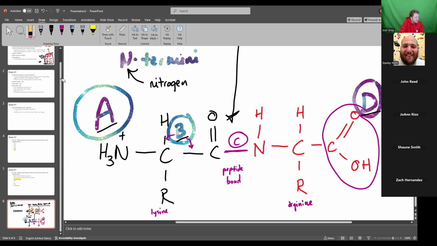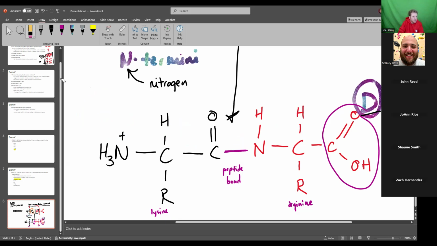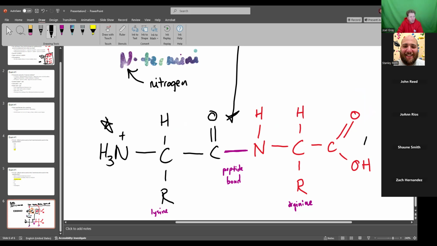Because when you look at this whole molecule, what I want you to be able to identify is what the ends of it are. I think everyone would agree where I'm drawing my stars here. Those stars are the ends of this molecule.